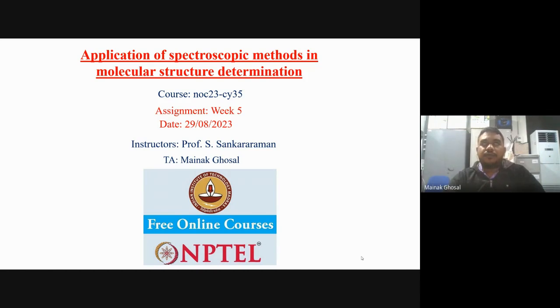When you are getting the fragments, you cannot predict theoretically, just after seeing the structure, that these are the possible fragments. By looking at the fragments, you can predict the structure, but the opposite is not possible. There are some soft ionization techniques in which fragments do not form.